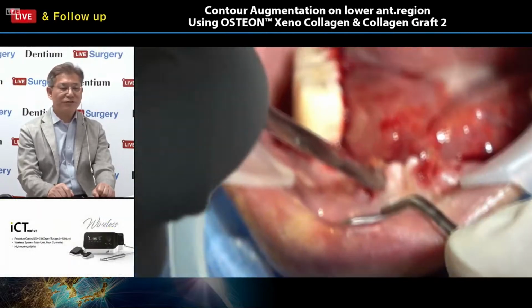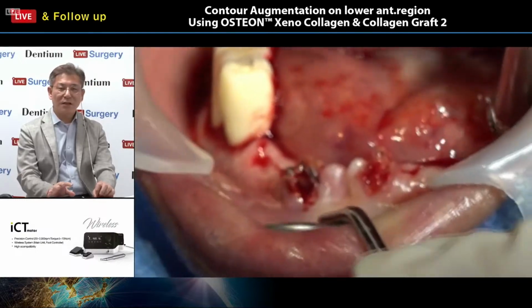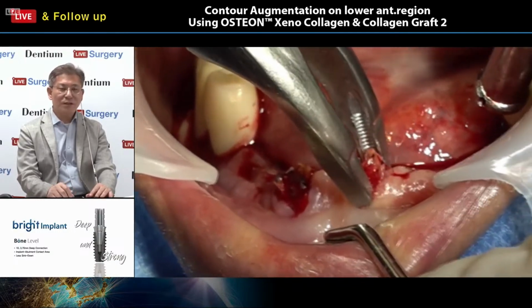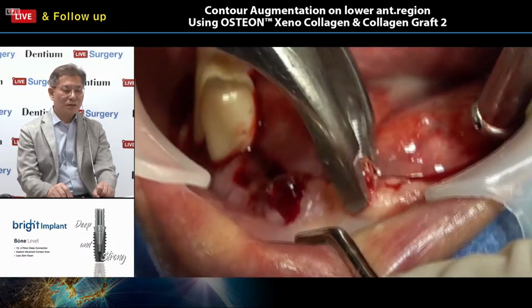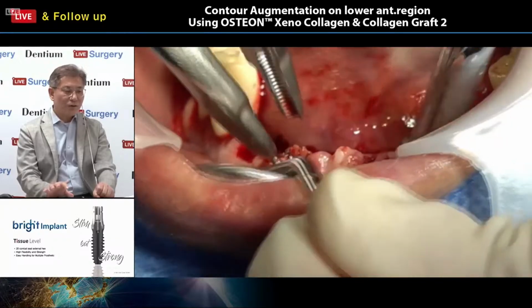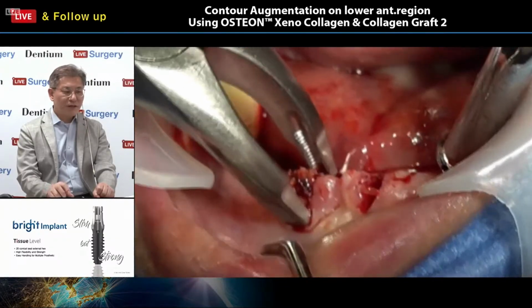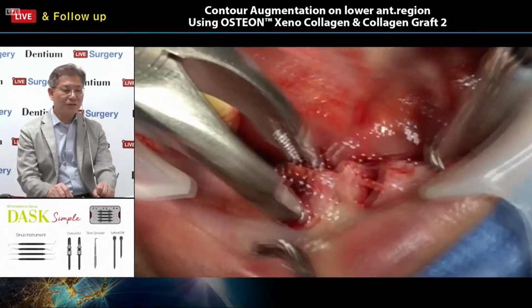Atraumatic extraction is an essential part before starting the bone grafting procedure and the implantation procedure, right? So we have to take enough time for this extraction procedure.